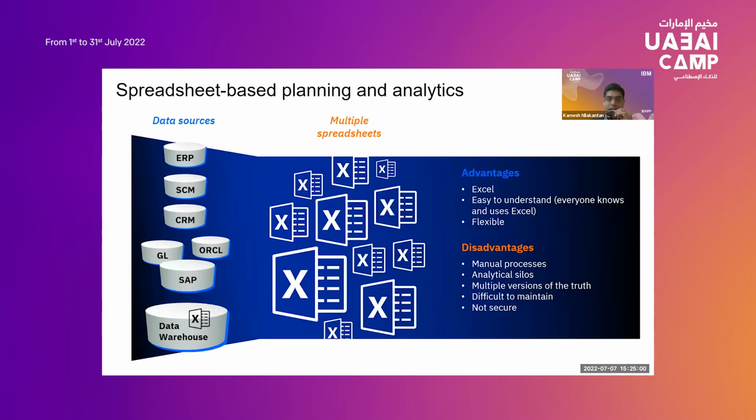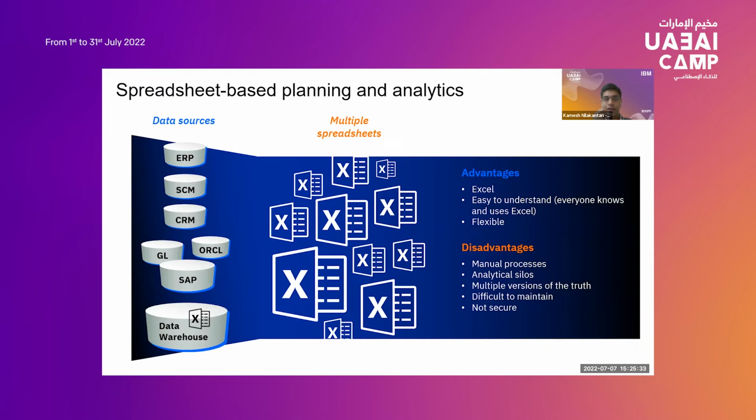Now, the challenge that we see in today's market is there are multiple data sources from which data is required, and what businesses end up doing is they do things in Excel. Some clients have a proper technology to do this, but most of the clients, about half of the clients in today's market, still do it using spreadsheets. Spreadsheets are extremely easy because everyone knows how to use them. But the disadvantage is that the processes are manual.